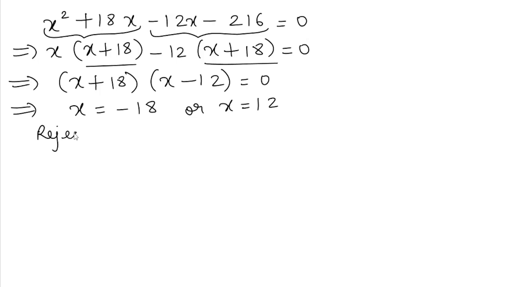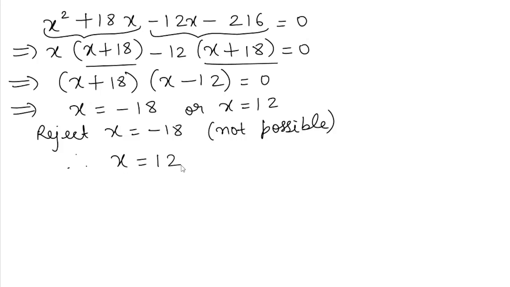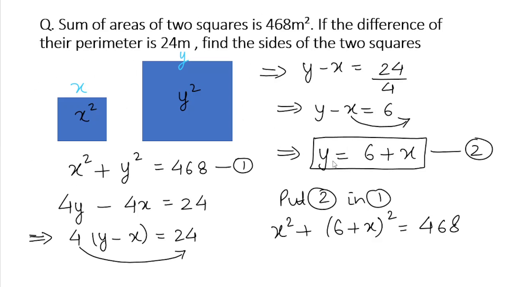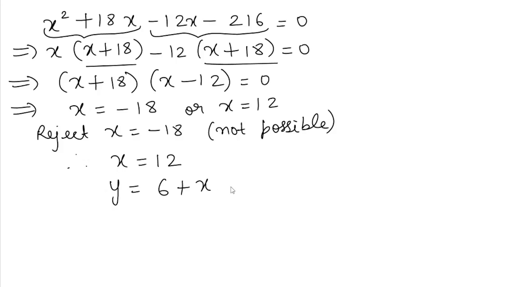We are going to reject x as minus 18. That is not possible because x we took as the side of one of the squares, and the side of a square can never be negative. So we reject x equal to minus 18 and proceed with x equal to 12. Now if x is 12, y would be 6 plus x, because from the second equation we know y is equal to 6 plus x.